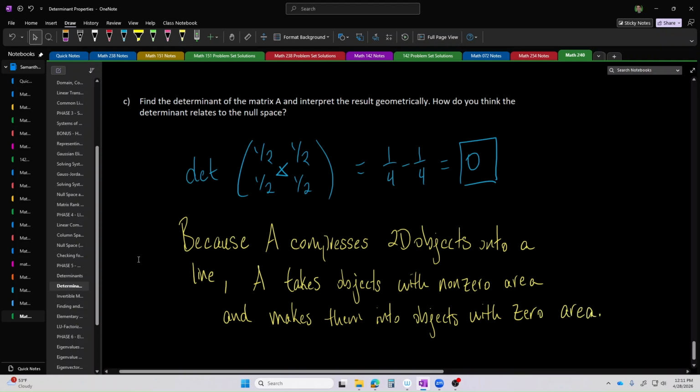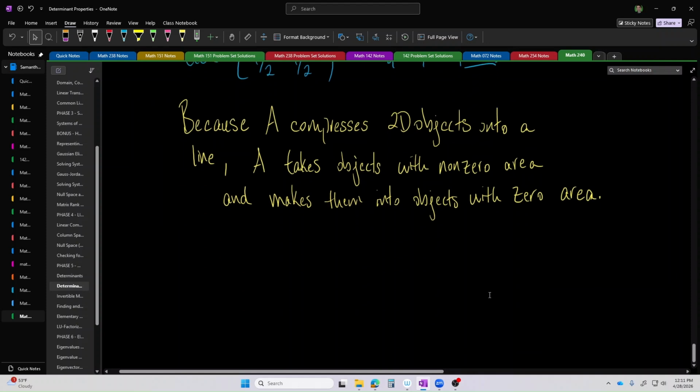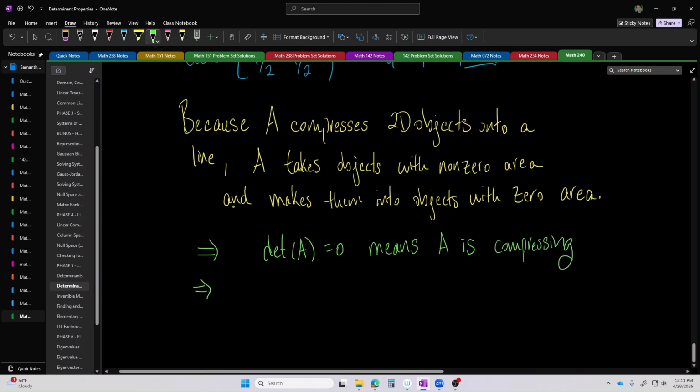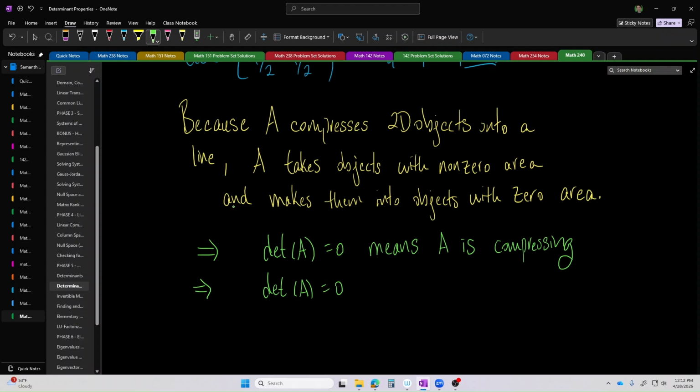So a determinant of 0 is a sign that A is doing some compressing. In other words, a determinant that's equal to 0 is a sign that the null space of A is going to have some other stuff in it besides the trivial solution.